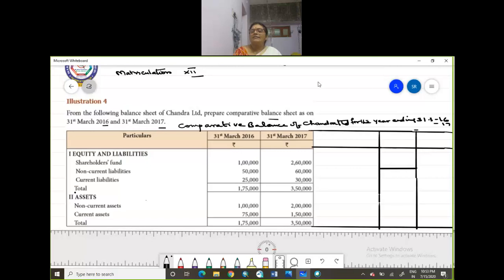Alright, so for this problem, let us find out the absolute increase, plus, or decrease, that is minus, of amount. Then you have percentage increase and decrease, plus or minus. This we'll have as a working column. Now let us do the problem.